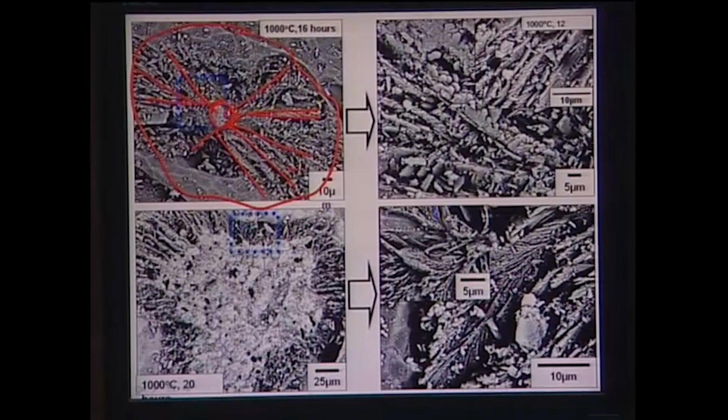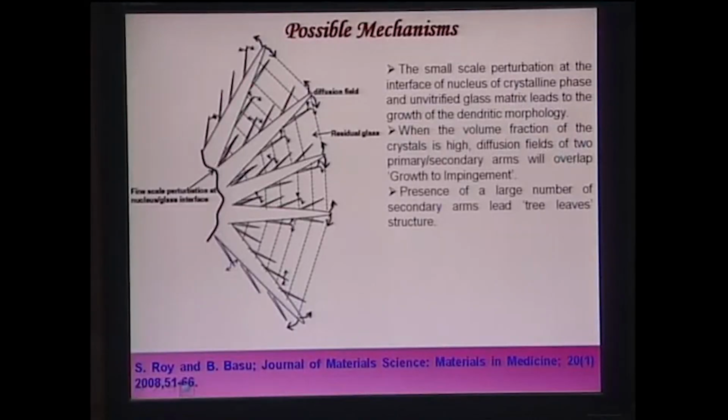Now if you look at these crystals more carefully, you notice they also have a tree leaf type of pattern. Like tree leaves, you have one main branch, and from that other branches are also formed. This is a very fascinating type of crystal, and these crystals are only formed when you vary the time.